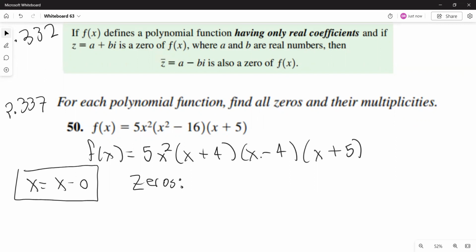I'm going to start with negative 5, negative 4, 0, and 4. But 0 is a zero of multiplicity 2. And if a zero has multiplicity 1, we're not going to write that. If a zero appears once, we're not going to say anything, just when the multiplicity is 2 or greater.